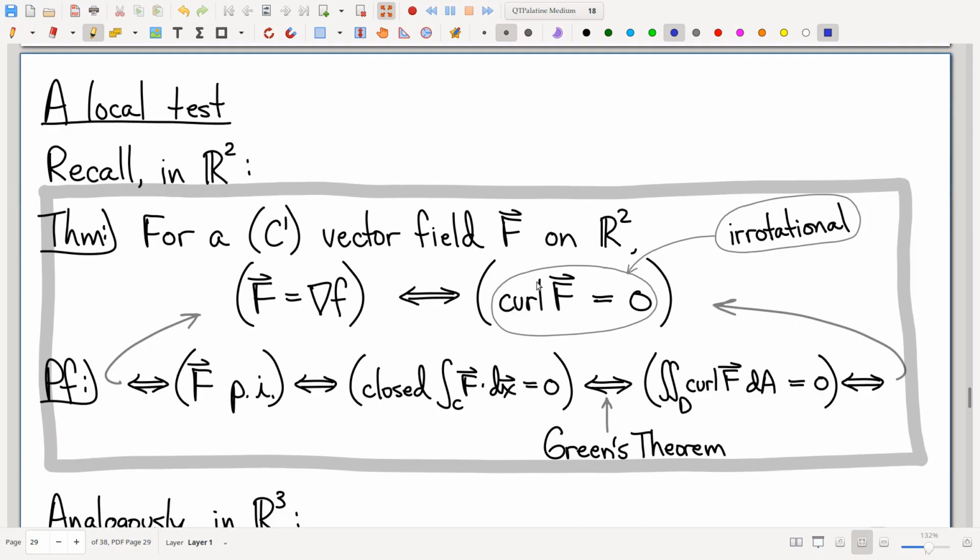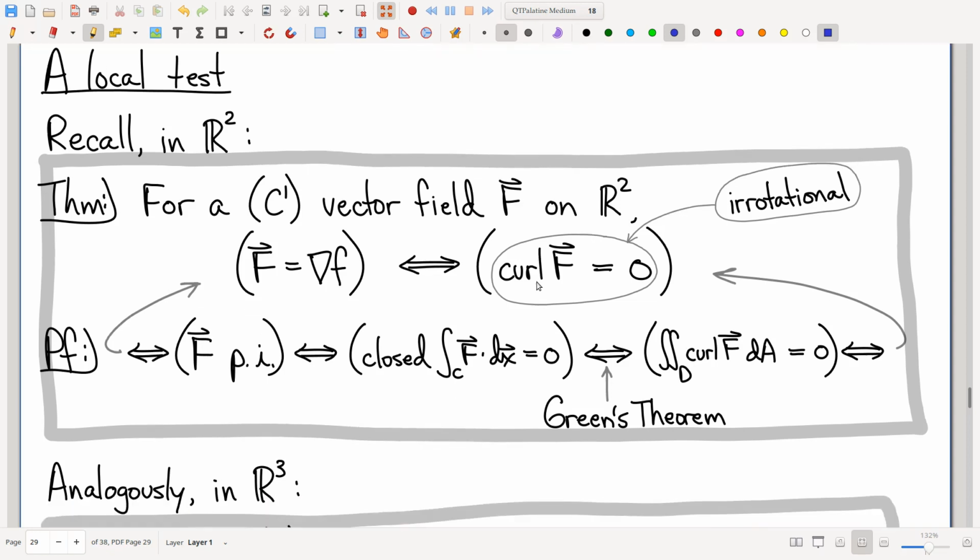Filling in a quick blank. We've already done this. This is old news. This is straight out of chapter 6, literally copy-paste. If you want to know if your vector field is a gradient, compute the curl, see if you get 0.